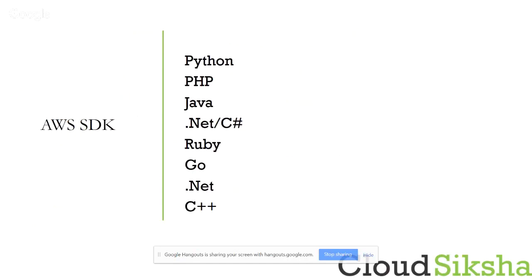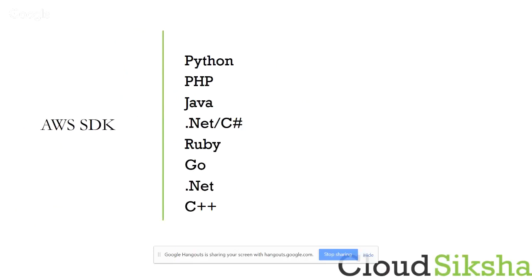Now, Amazon provides you with an SDK. This SDK is what is used by you to develop your applications. Of course, Amazon has everything as a REST API underneath. So everything is a REST API, but we don't go through the REST API.